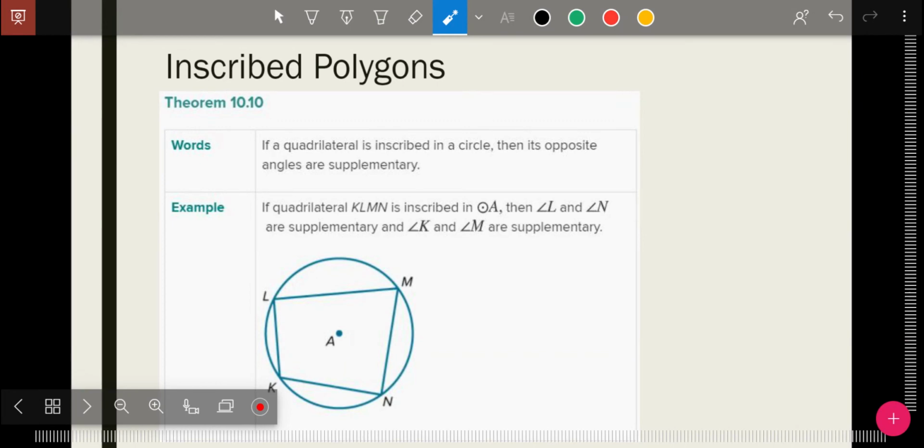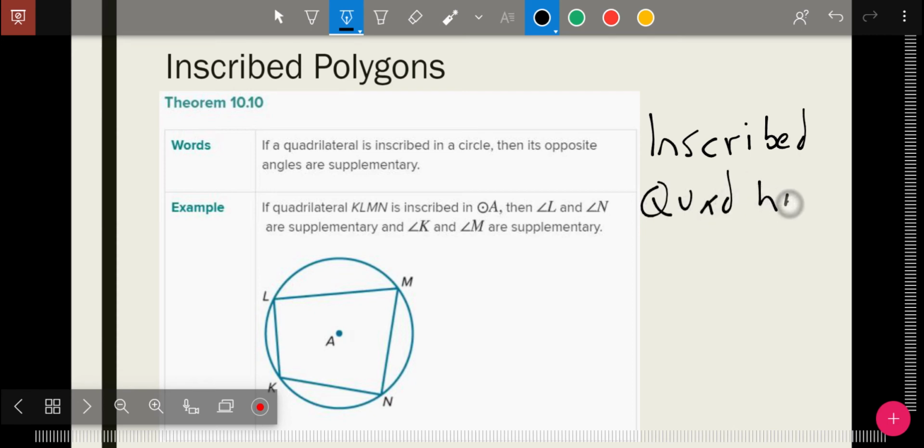The next or last rule here is about an inscribed quadrilateral. In an inscribed quadrilateral, opposite angles are supplementary.